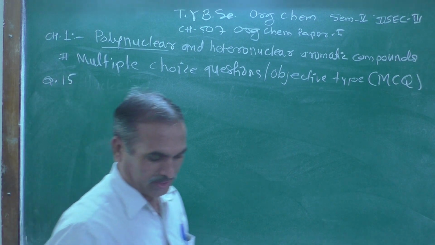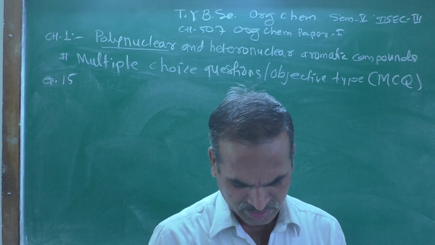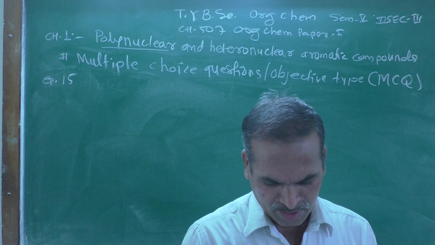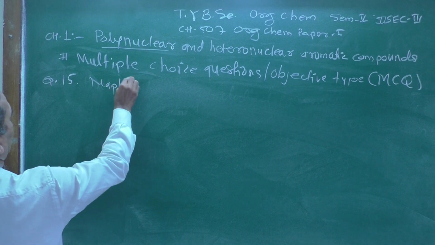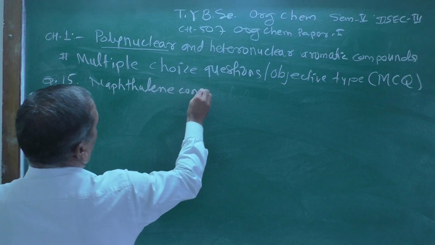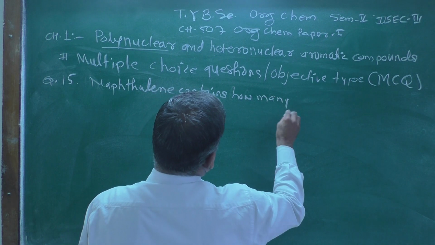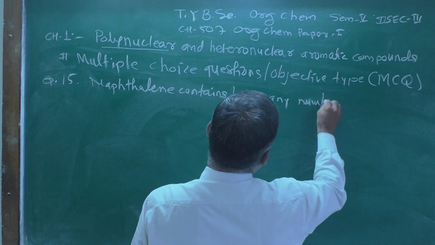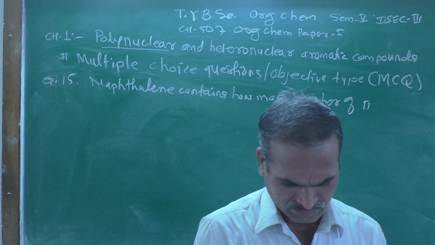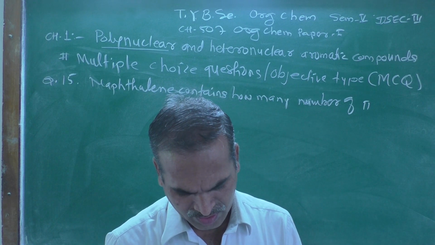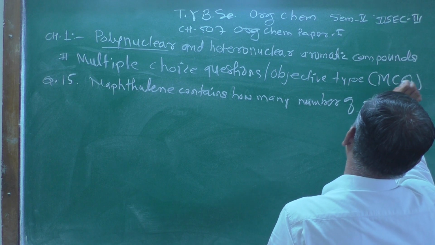So now, question number 15: naphthalene contains how many pi electrons?